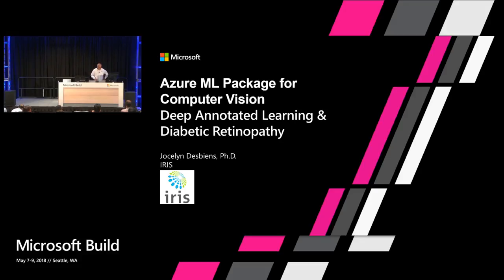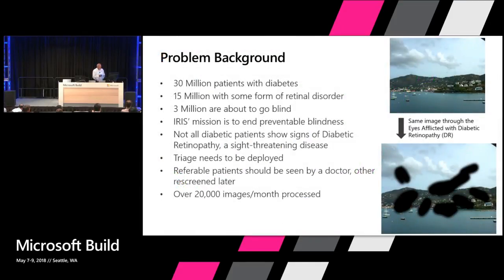My name is Jocelyn, and I should have called my presentation how to pack 3 years of work in 5 minutes, so I will be fast. Iris is a startup based in Pensacola, Florida, and its mission is to stop preventable blindness.